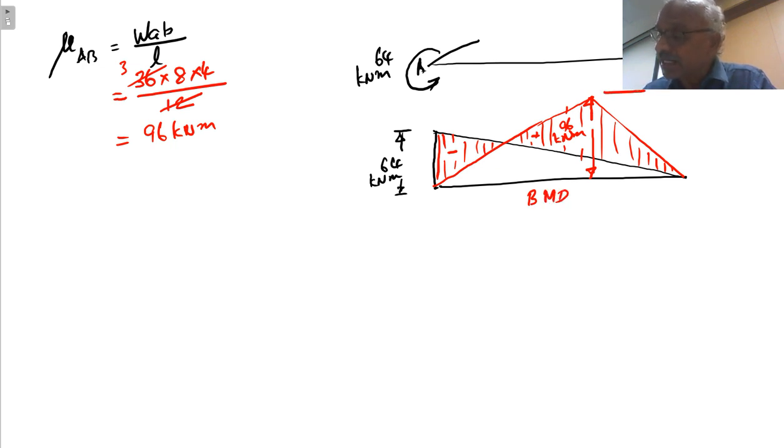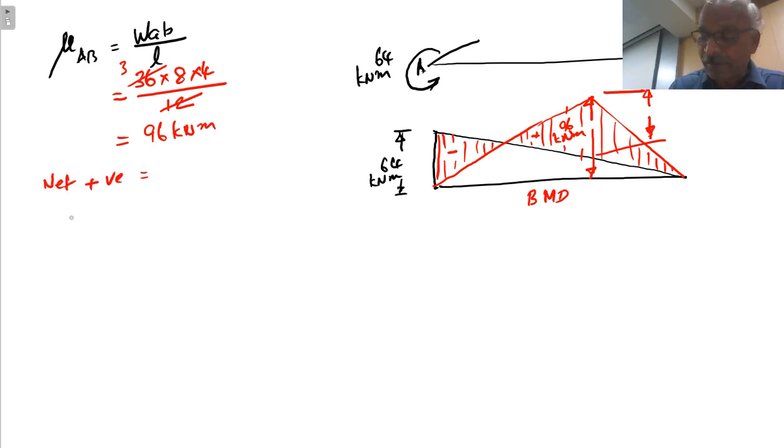Now the net ordinate here will be: total is 96. So net positive ordinate equals 96 minus this small value. For 12 meters it is 64, so what is the value for 4 meters?